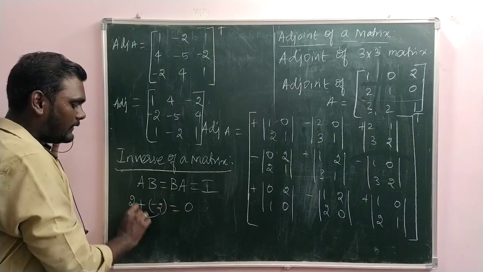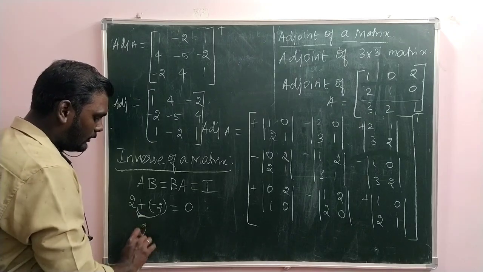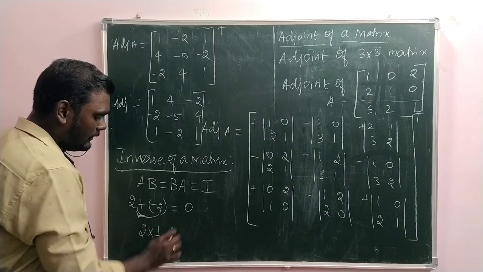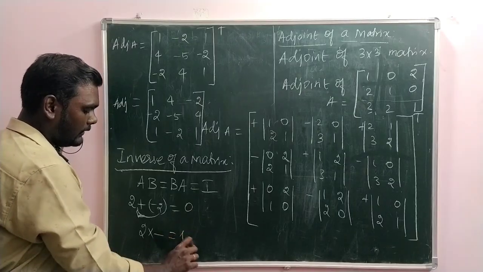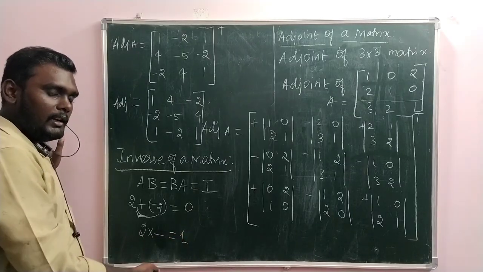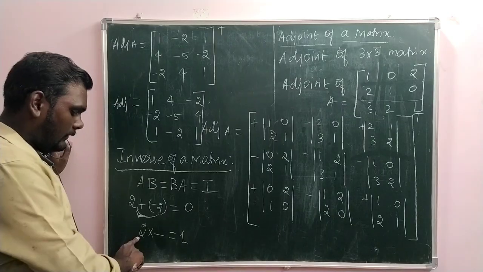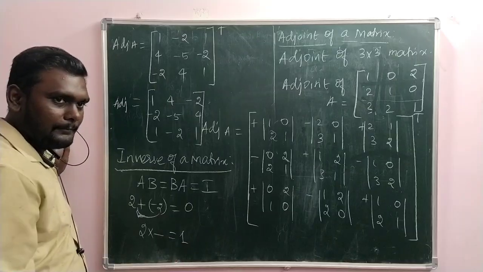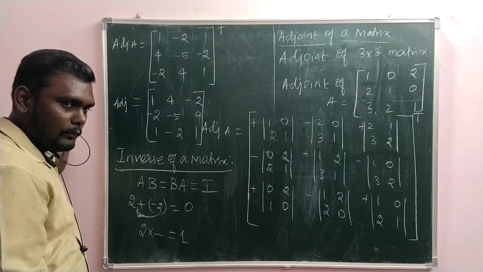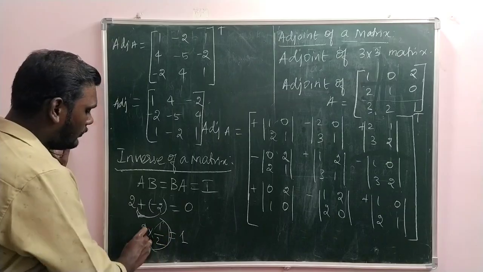Minus 2 is the inverse of plus 2, right? Likewise, for the number 2, with respect to multiplication, what could be multiplied to get the multiplicative identity? 1 by 2.